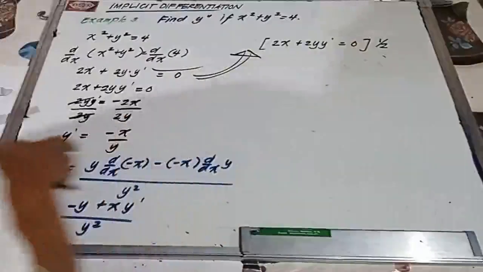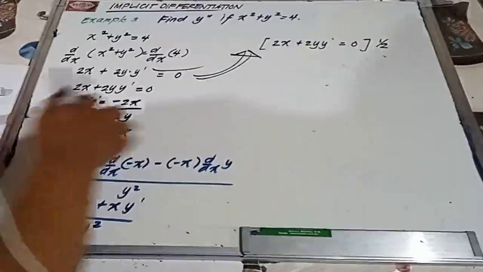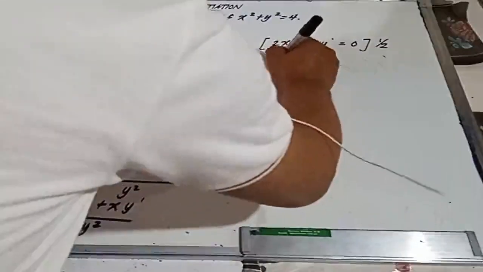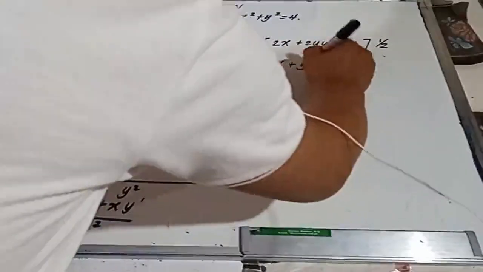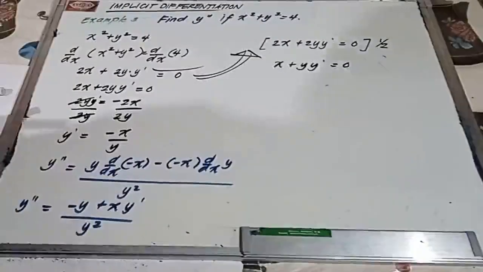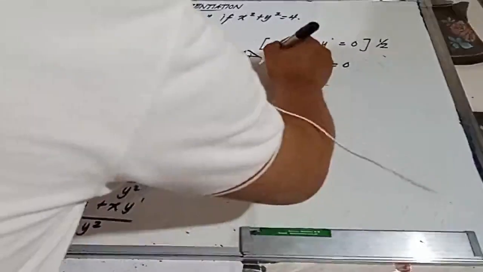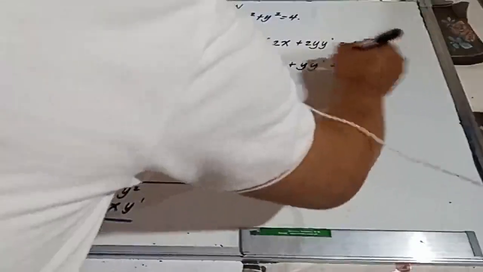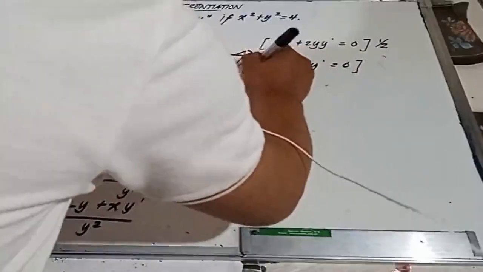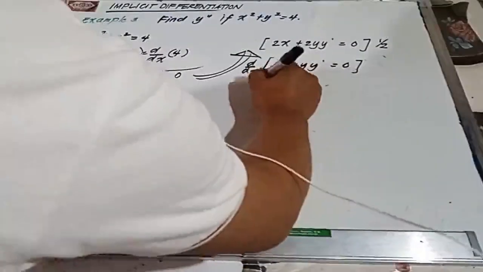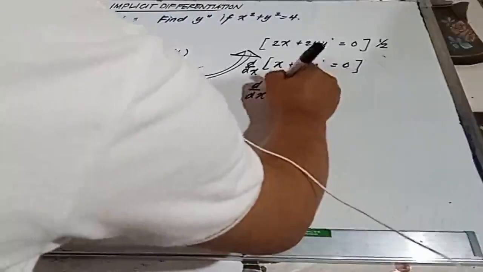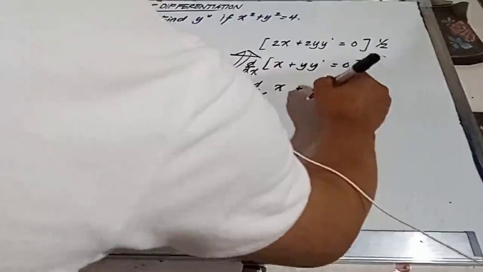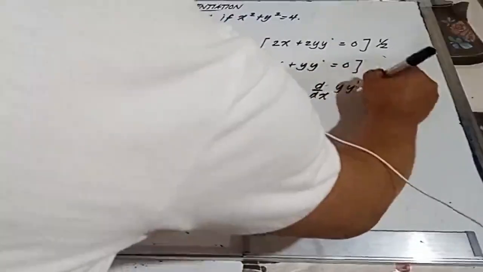Okay? Kasi dito, sinulit pa natin explicitly. So we have x here plus y prime equals 0. Now, mag-derivative ulit tayo, implicit differentiation, by getting derivative ng both sides. So we have derivative of x with respect to x plus derivative of the product y y prime equals 0.